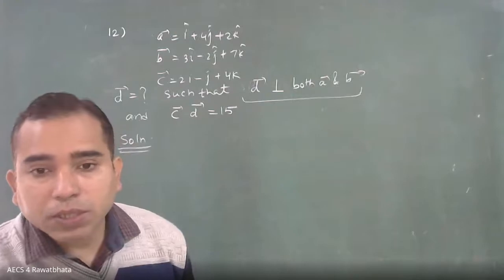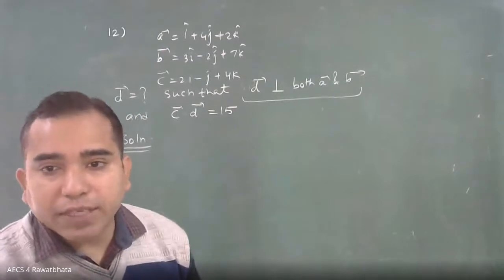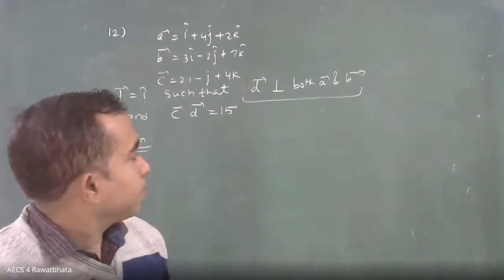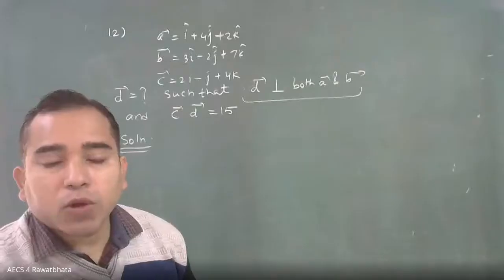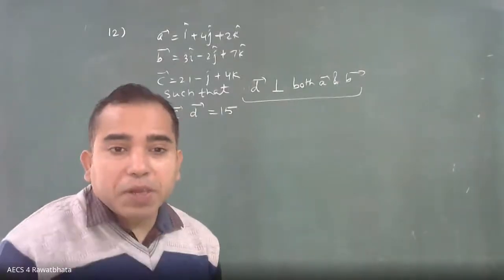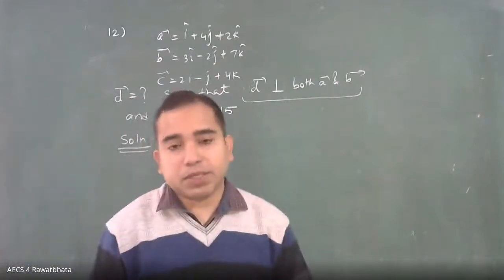Whose? A dot D and B dot D. Correct. Devanshi Jain is telling something. Yes, Devanshi? A cross B equals D. A cross B equals D may not be exactly equal, but in the direction of A cross B.